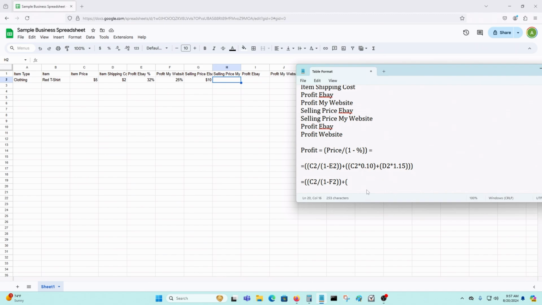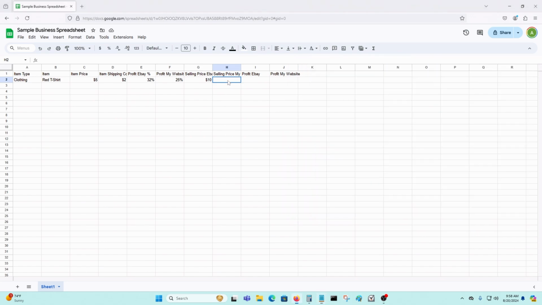Plus, change everything around except of course we add the sales tax, which is 10%, times, I'll put 5% instead, so less this time. So on my website, I'll be selling it for $9.